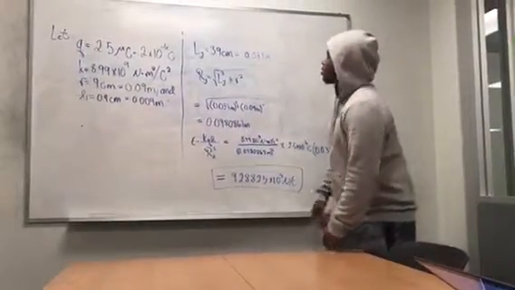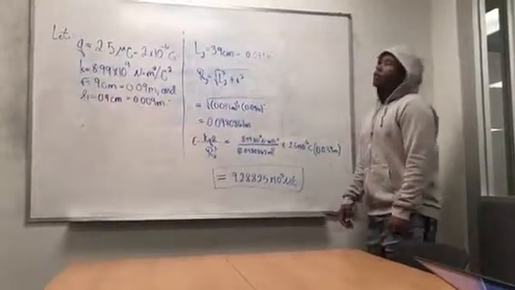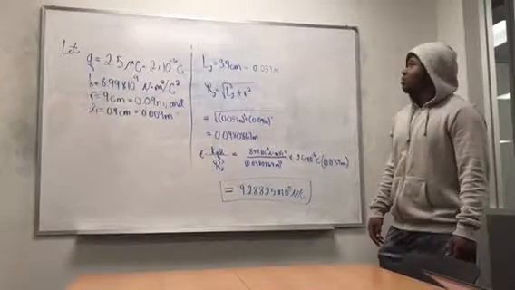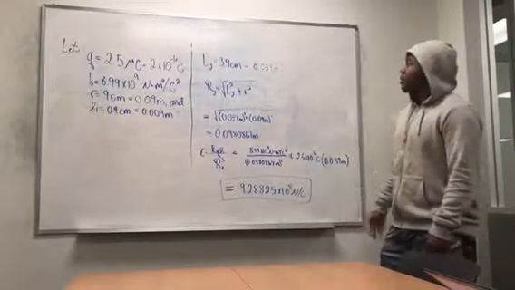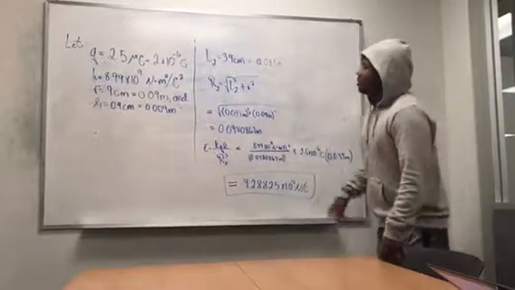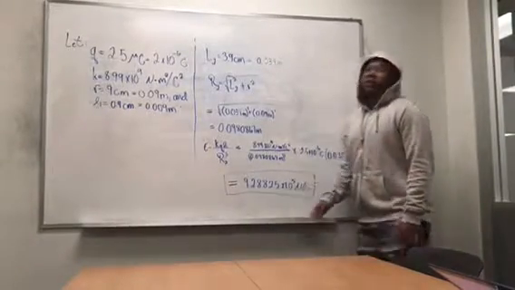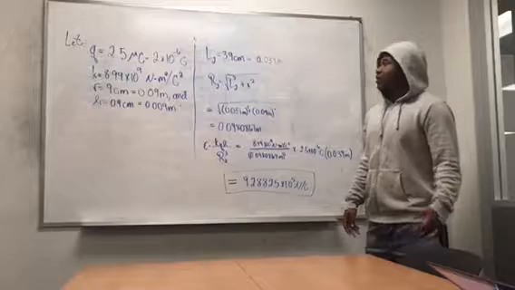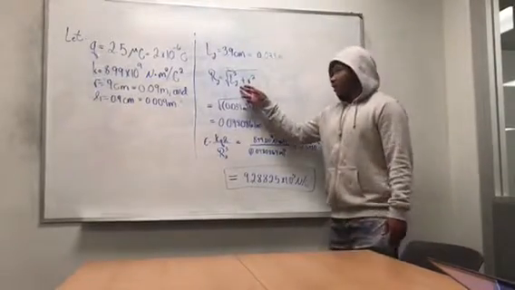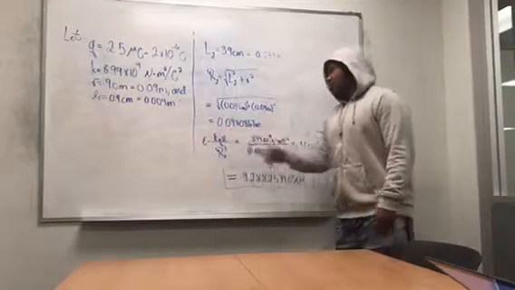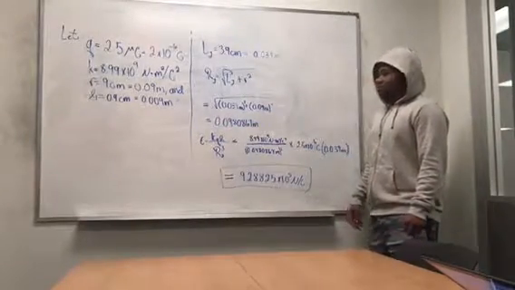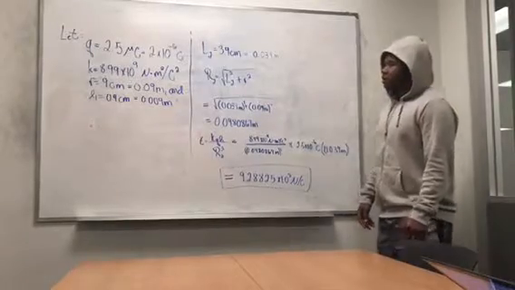Okay, for the next question, we're trying to find the electric field at L2, which is 3.9 centimeters or 0.039 meters. So first we got to find R2, which is equal to the square root of L2 squared plus R squared. And we plug in our givens and we get 0.0980867 meters for our R2.